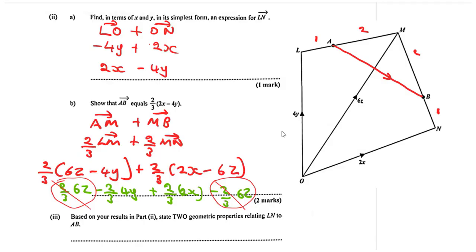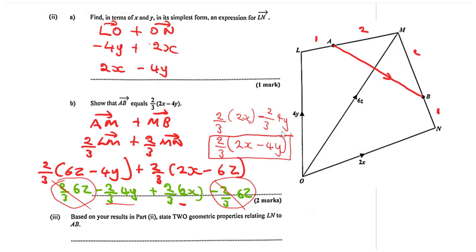Let's write the positive 2/3 of 2x first, minus what we have left, 2/3 of 4y. Now 2/3 is common to both of these terms, so I can factor it out. 2/3, and I'm left with 2x minus 4y. So I've shown that vector AB is 2/3 (2x minus 4y).